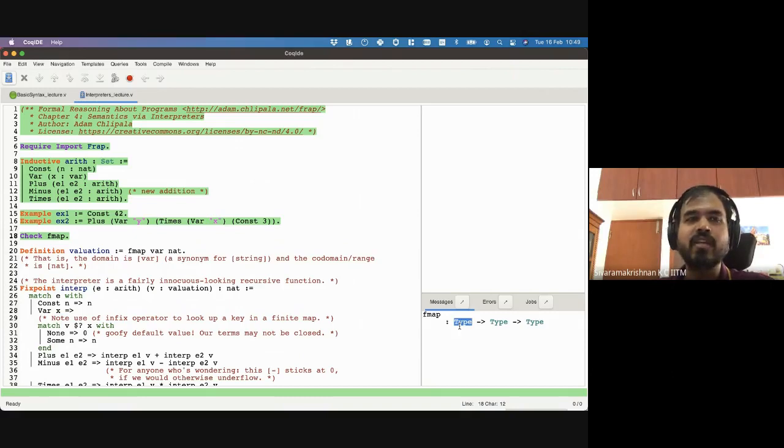So not all types can be just compared by equality. You can't just say whether int equals bool. That just is a nonsense statement. So this fmap is quite cool because it doesn't expect you to show that this is a type on which you can do equality, or a type on which you can do comparison.